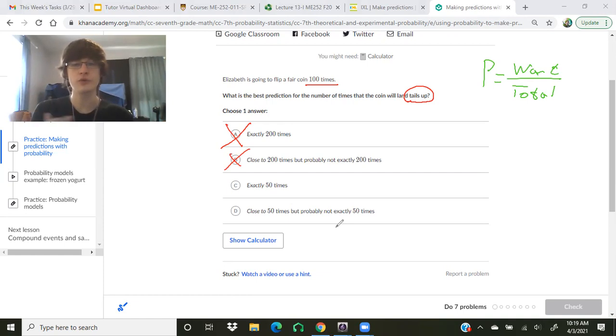As you start to increase the number of times you've thrown the coin, the probability that you get a heads or tails for each throw is still the same. Okay? It's a 50% per throw.